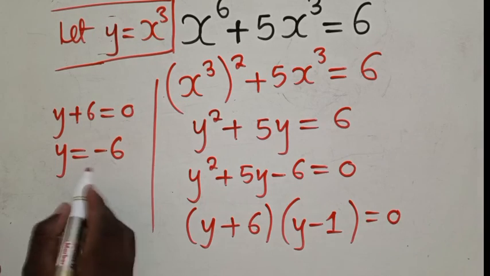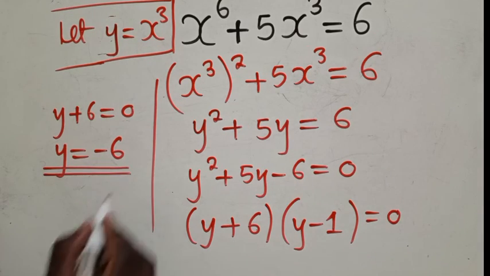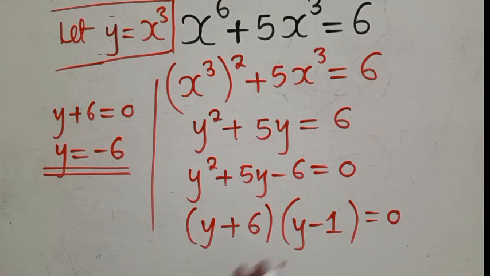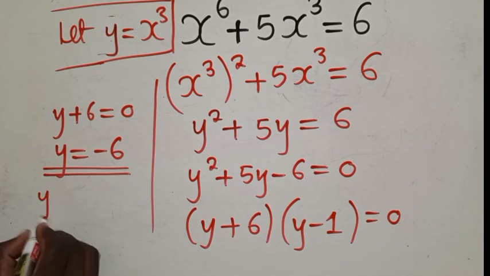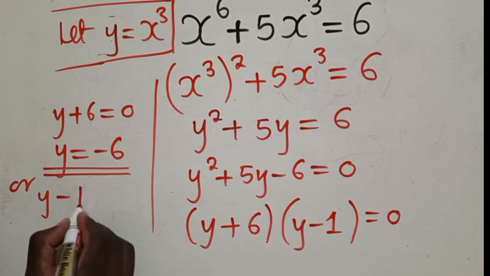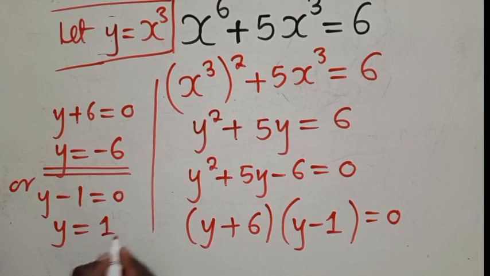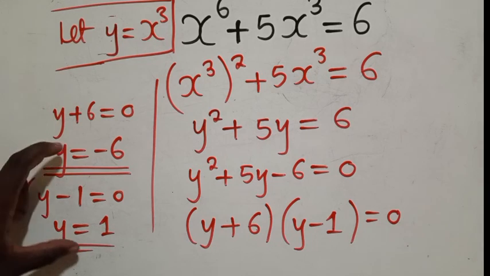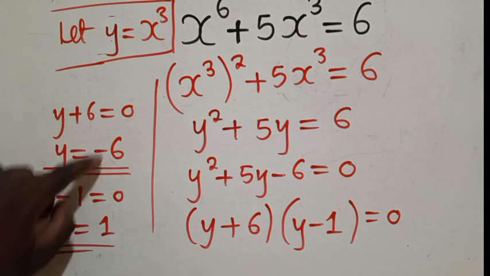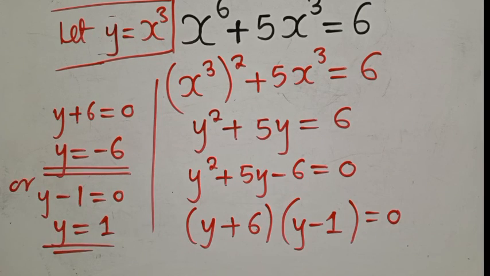This one comes this side, so it will be negative 6. So one of the y values is negative 6. I'll come to this one, y - 1 = 0, meaning y will be equal to 1. These are the two values of y.